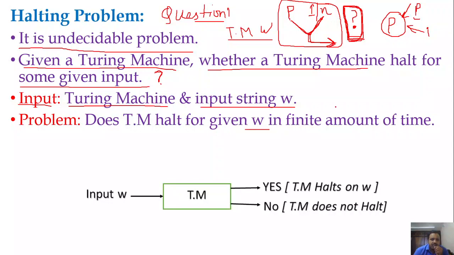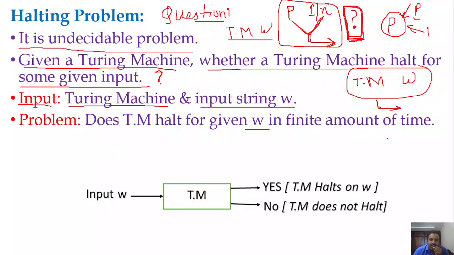Whenever we are given a Turing machine and an input W, and we are asked to tell whether that Turing machine halts or enters into an infinite loop, we cannot specify the answer correctly. We cannot predict whether it halts or enters into an infinite loop. So that's why this problem is considered an undecidable problem, right?